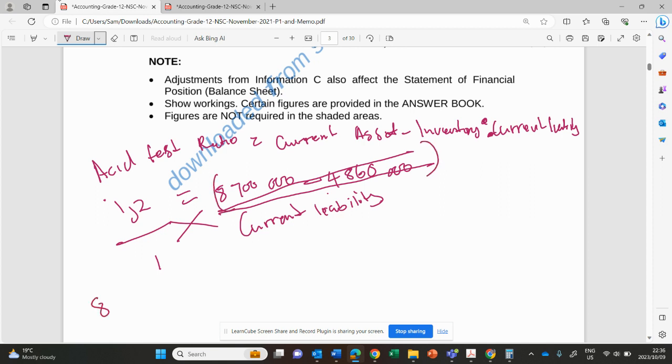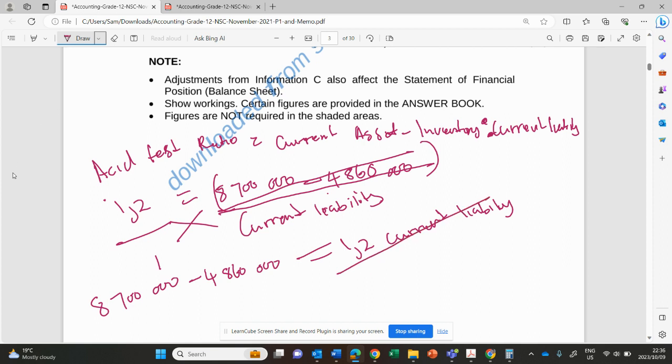It will be 8,700,000 minus 4,860,000 is equal to 1.2 times current liabilities. Now from there we can divide both sides by 1.2 so that we can get the current liabilities.